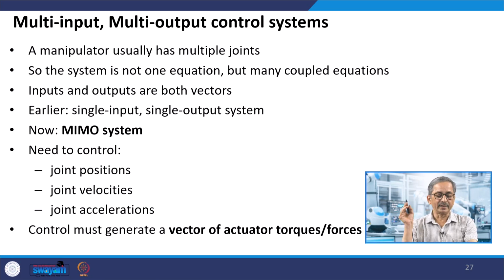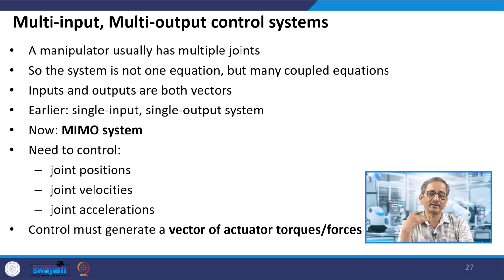Next, let us see, as you know, a manipulator has a number of joints, so it is a multi-input, multi-output control system. Till now we have been considering a single joint, and in fact I have shown you the single degree of freedom manipulator, which is the inverted pendulum.